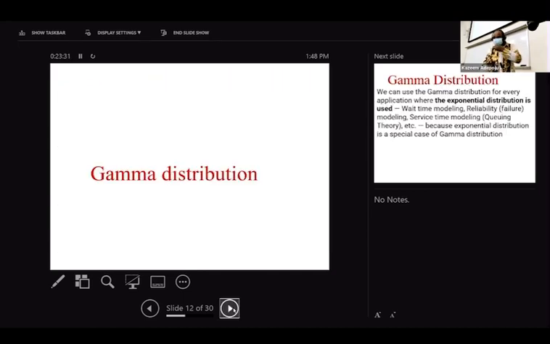Now I want to get into what I call a gamma distribution. A gamma distribution is also very useful in survival analysis and in reliability engineering. It's also a very good distribution for modeling the waiting time before the occurrence of a certain event.